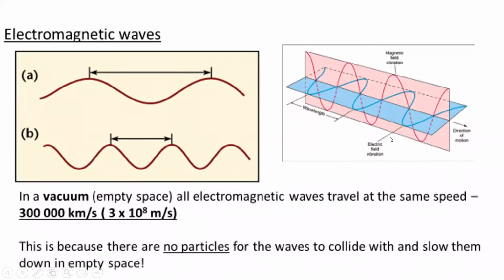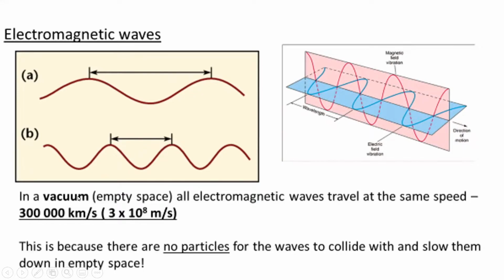We don't need to know that, so I won't talk any more about it. We're just showing you here there are two waves, and these are both measurements of wavelength, measuring peak to peak, so it's easiest to show. This one has a longer wavelength than that one, so that's how we measure the wavelength.